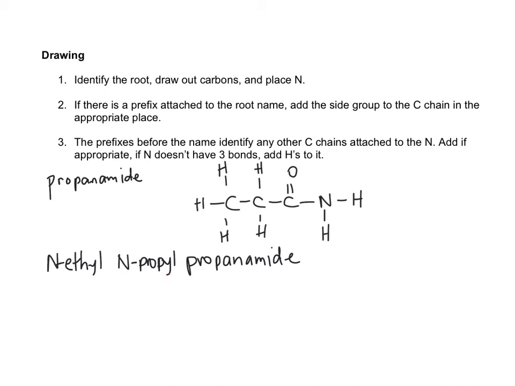So here's our 3 for your propanamide. There's your N, and now you need 3 total bonds. So one is an ethyl group.